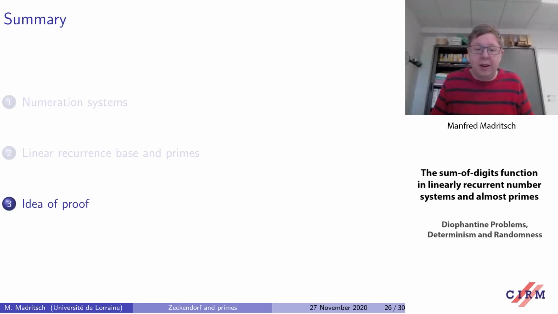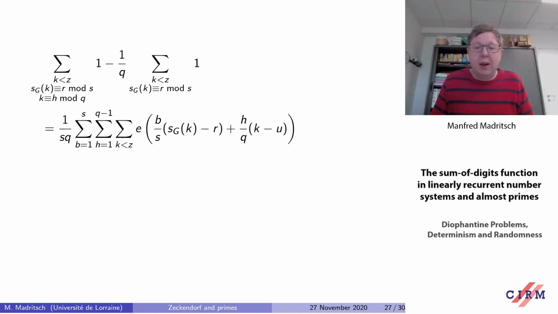So the idea of proof is we take a look at this difference that we have to estimate, and we want to get rid of these congruences, and the usual way is by introducing exponential sums. So you have an exponential sum over the residue classes modulo Q, and here you have Q minus 1 because you subtract the one that corresponds to no residue class, so to 0.